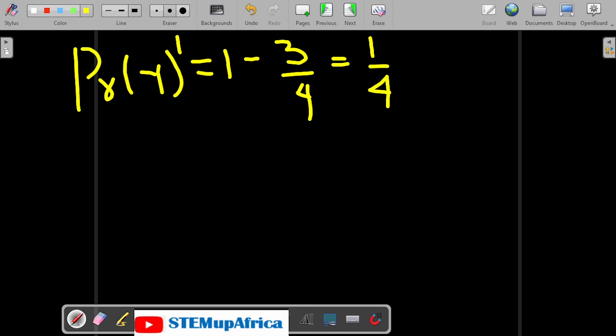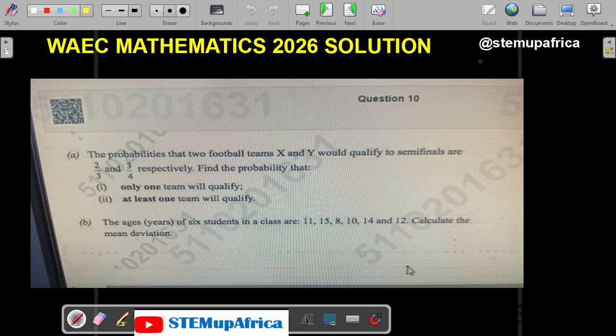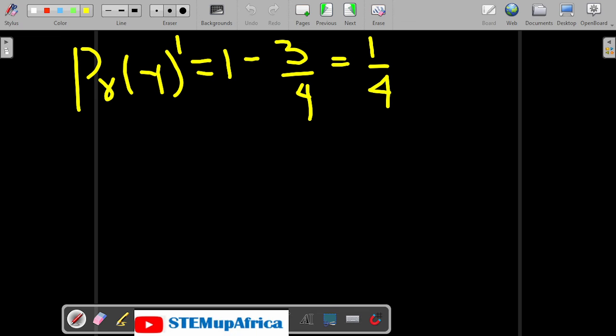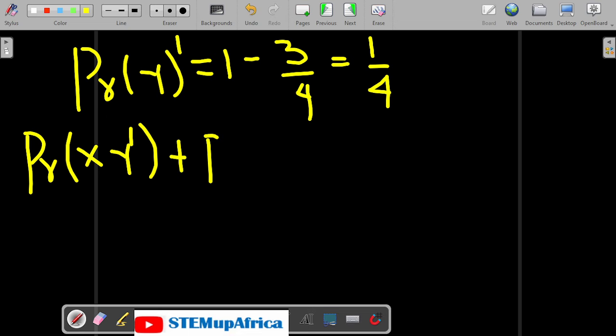So with that, we can now go to the question. Only one qualified. Who qualified? We don't know. So we are going to have the probability that if X qualified, Y fails to qualify, plus the probability that if X fails to qualify, Y qualified.